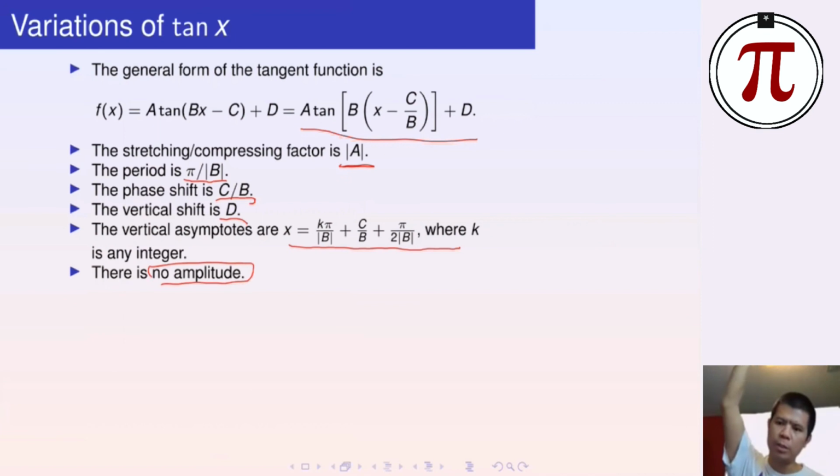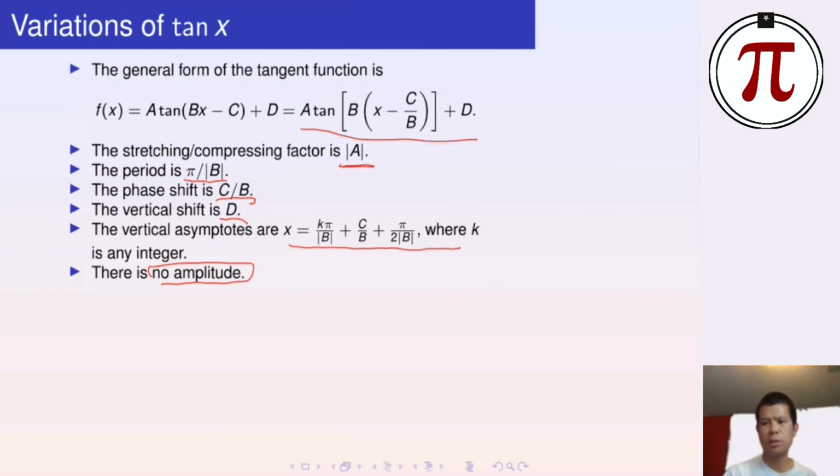So these are some variations of tangent x: the stretching and compressing factor, the period, the phase shift, the vertical shift, and vertical asymptotes.